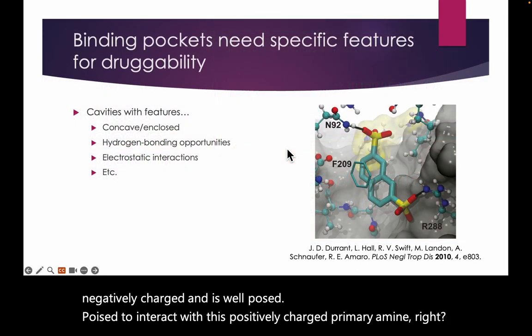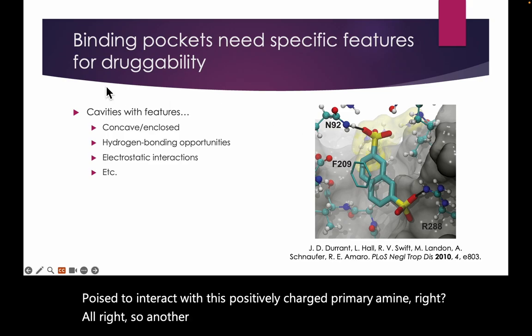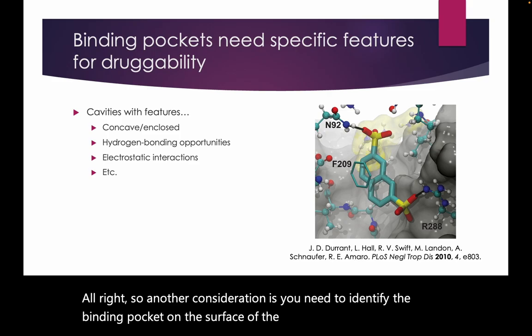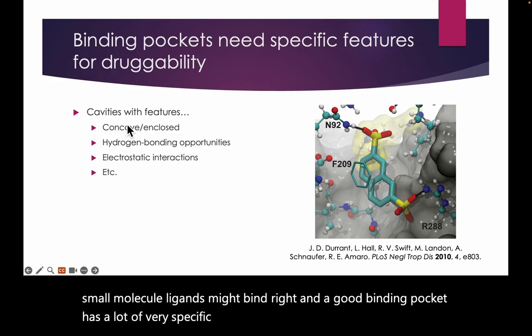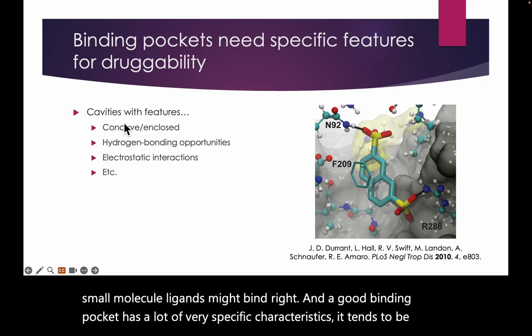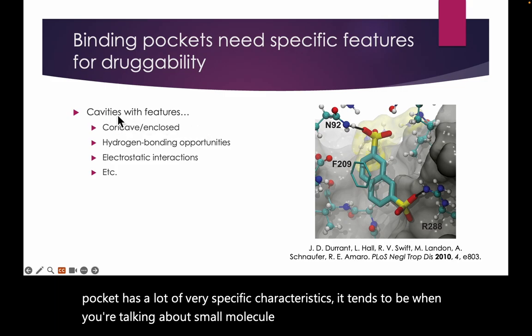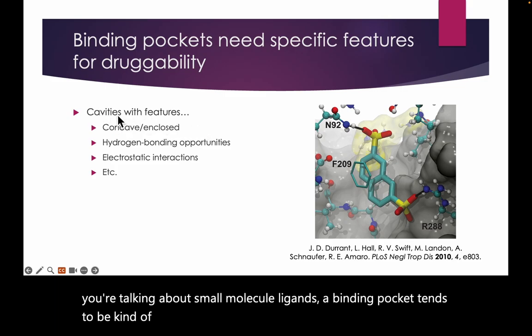All right, so another consideration is you need to identify the binding pocket on the surface of the protein where candidate small molecule ligands might bind, right? And a good binding pocket has a lot of very specific characteristics. When you're talking about small molecule ligands, a binding pocket tends to be kind of concave and enclosed.